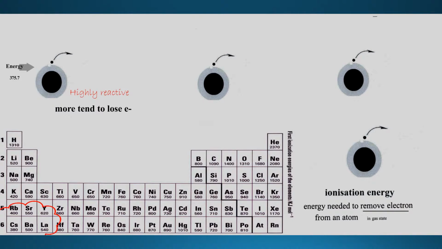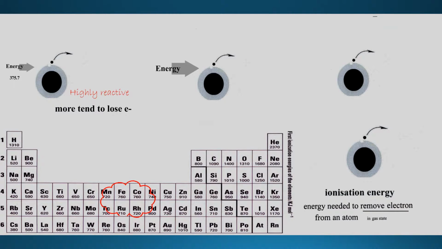So in this situation, this type of atom at room temperature will definitely give out the electron. That is too much energy for them already, so they will give out the electron. They strongly tend to lose it.